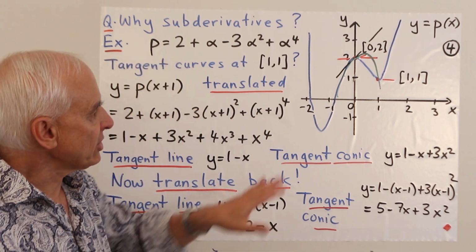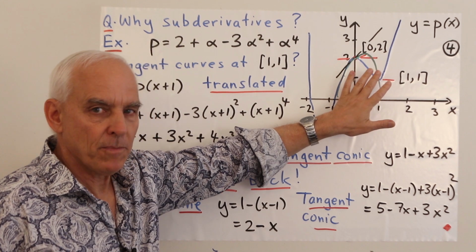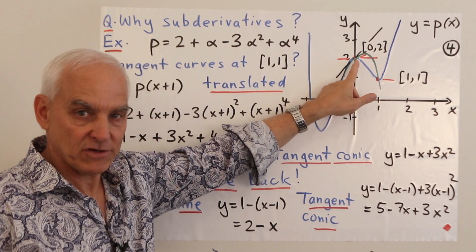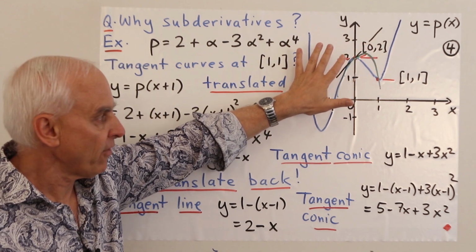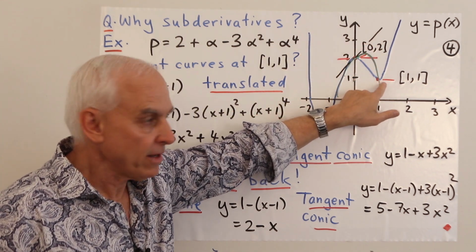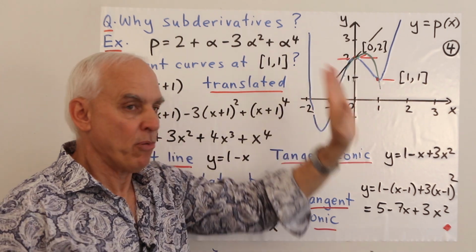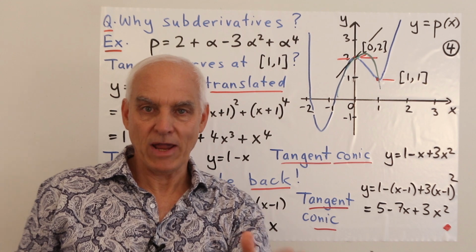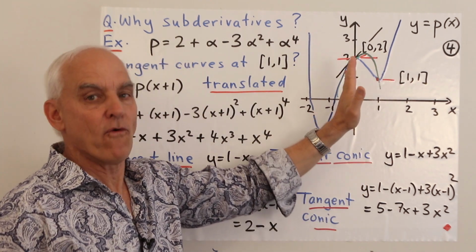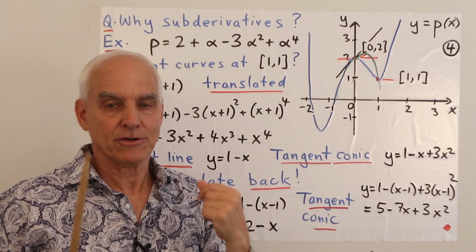Our strategy is to convert this problem to the previous problem that I've just been talking about by essentially translating the entire graph so that the point we're interested in ends up being over the point where x is equal to 0. So we have to translate by 1 in the x direction.